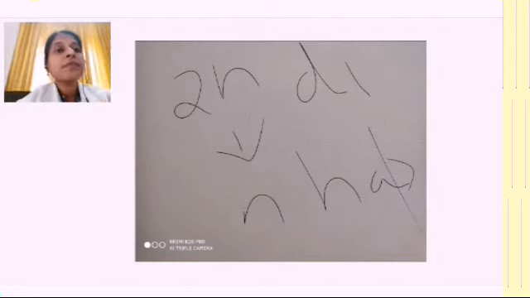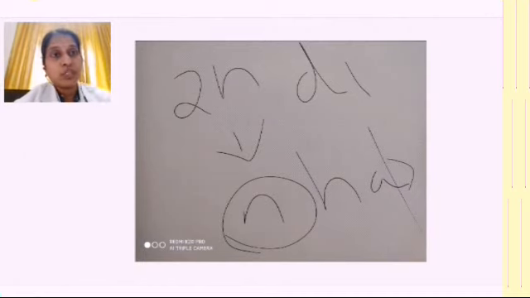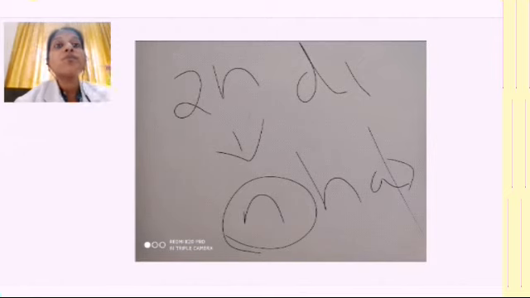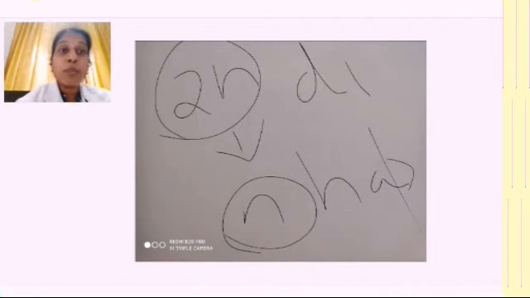Is that clear? When I say gametophyte, the term refers to the haploid condition. And when I use the term sporophyte, it is diploid, the 2n condition.